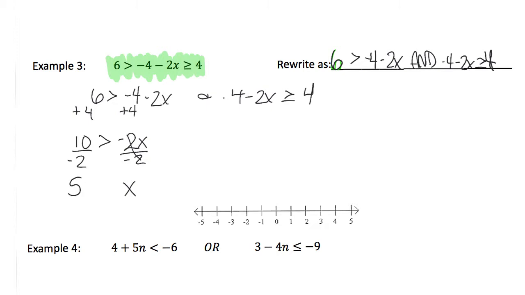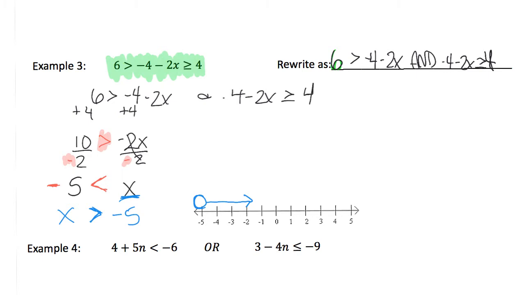X is something with 5, but remember, when we multiply or divide by a negative, our sign flips. So now our sign is going this way. But we can't graph that way. Let's make this a -5. In order to graph an inequality, our x has to come first. So now we flip this, and when we flip where the x and the -5 are, our sign flips as well. So now we have an open circle at -5 going to the right.